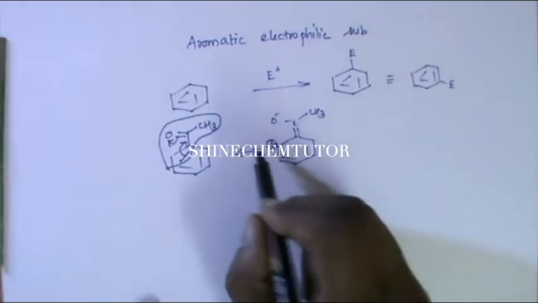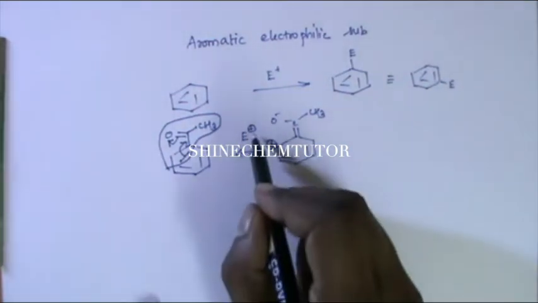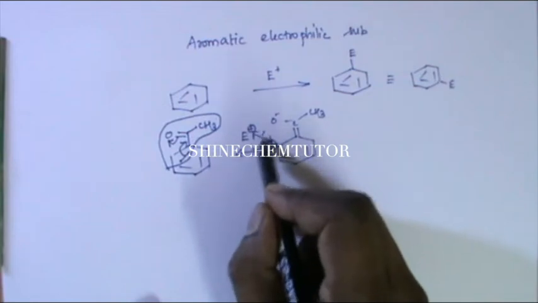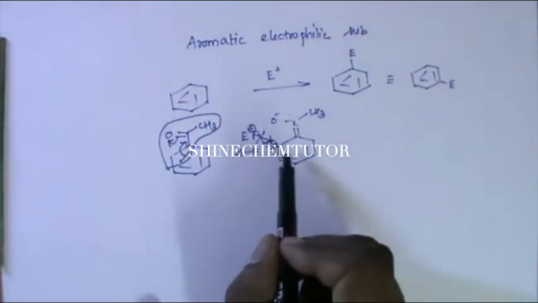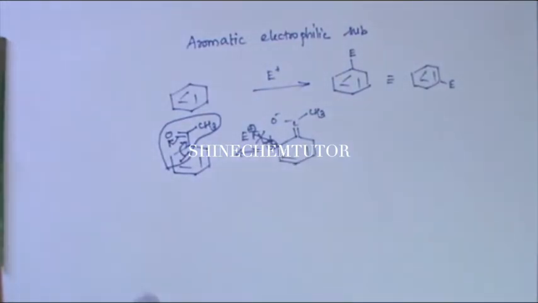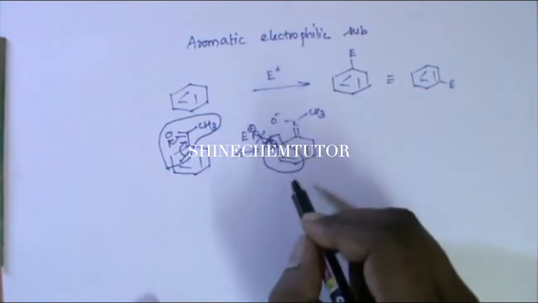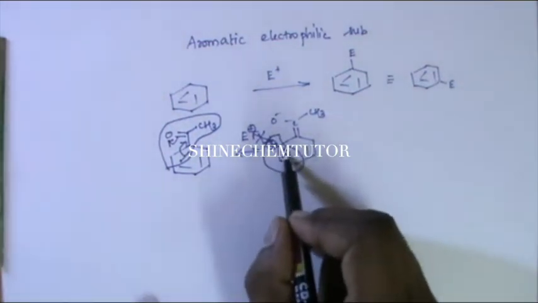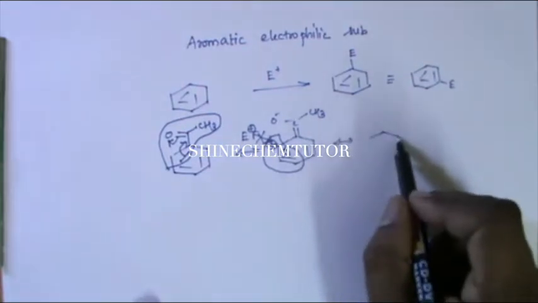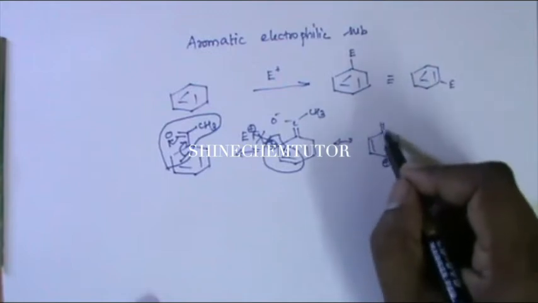This plus cannot attack another plus charge, that is the electrophile. So there won't be a reaction between this positive charge and the electrophile. So the electrophile cannot be added on this carbon. Further, look at this. It is equivalent to allyl cation. So this may migrate further to give this species.